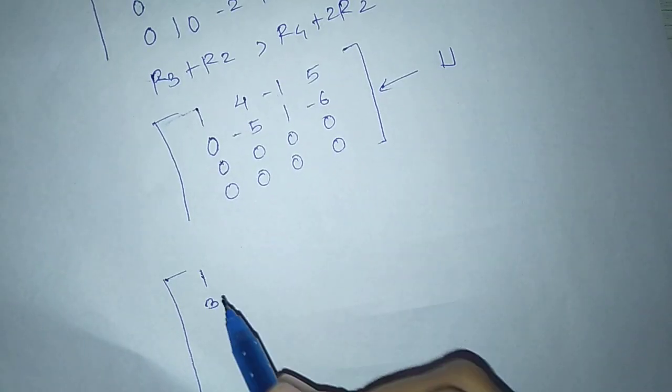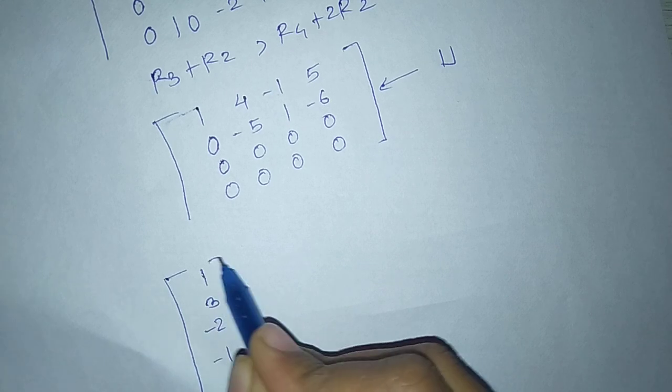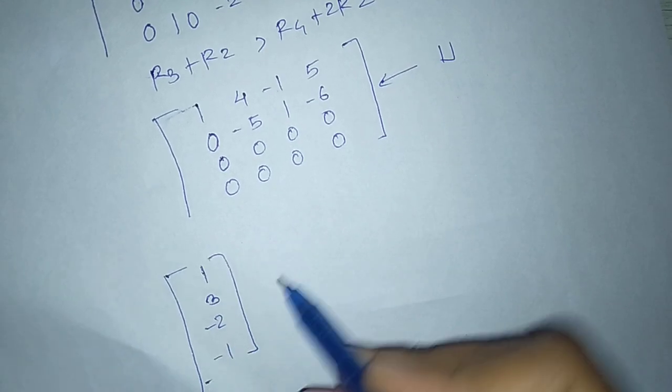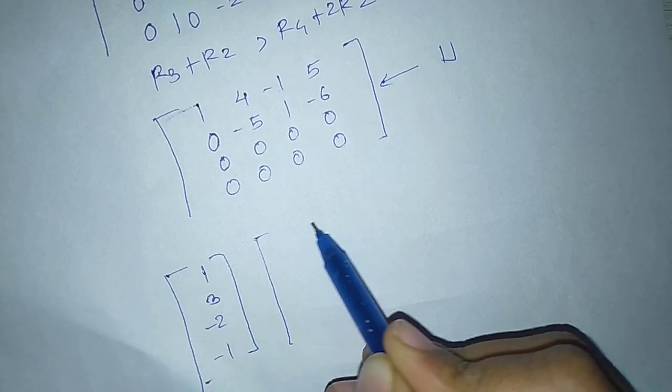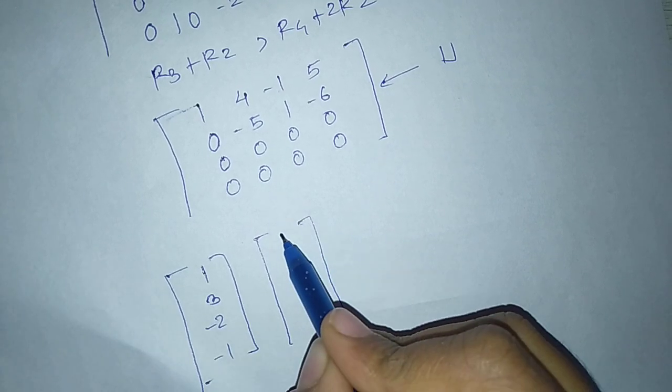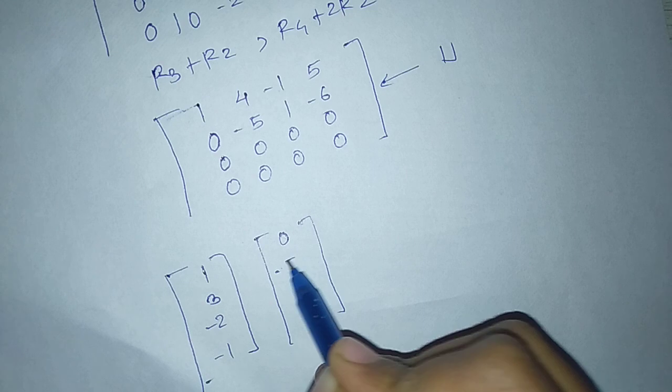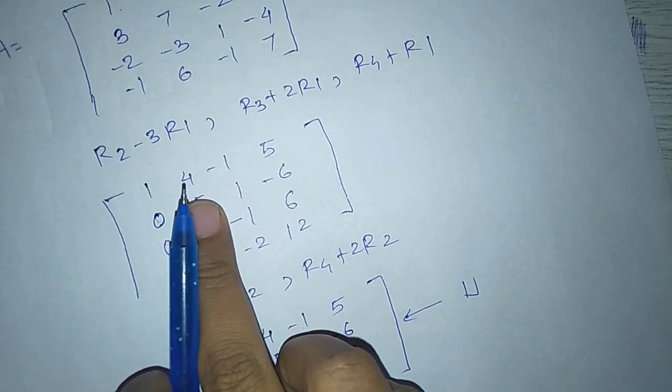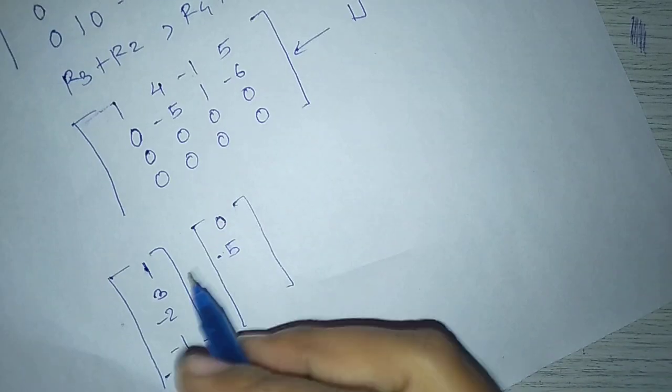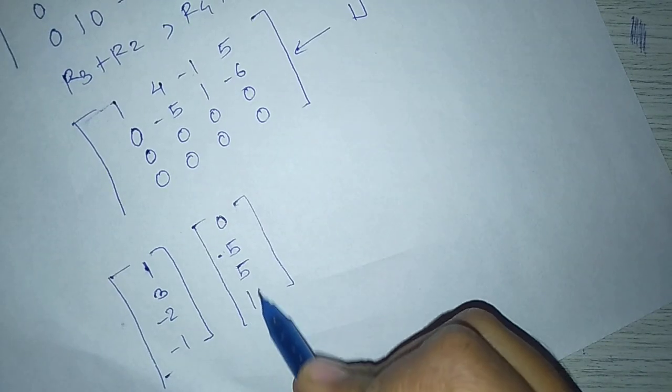And the second pivot entry is minus 5, which means the first entry is 0, the second entry is minus 5, then 5, 10: 0, minus 5, 5, 10.